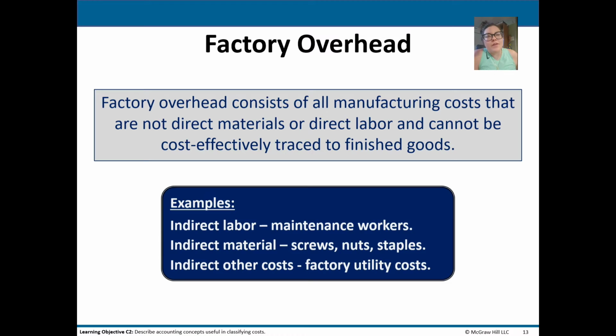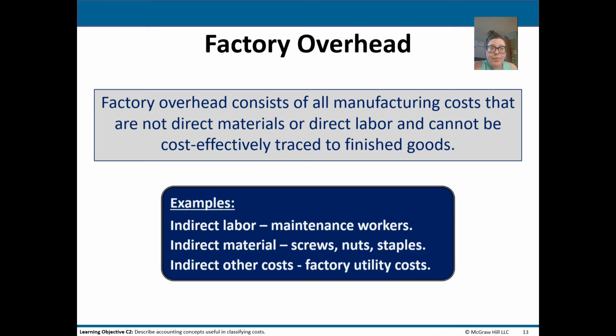For example, indirect material would be something that you can't trace to an individual finished good. This would be something like the screws or the nuts that are used in assembling a bike, the staples or the glue that are included when you manufacture shoes.